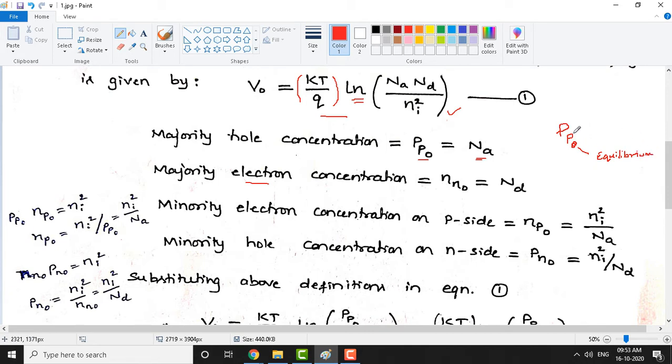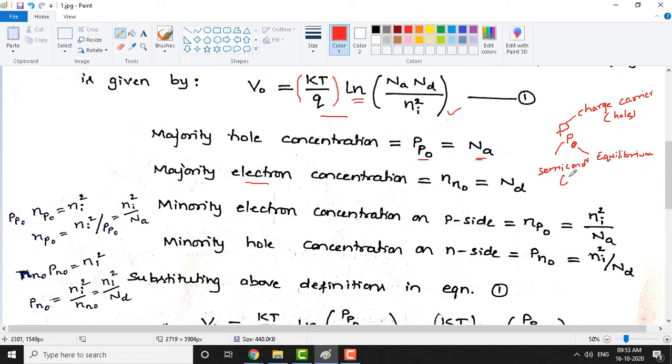The first subscript indicates the type of charge carrier. In this case, since it is a P, this represents a hole. The second subscript indicates the type of semiconductor.